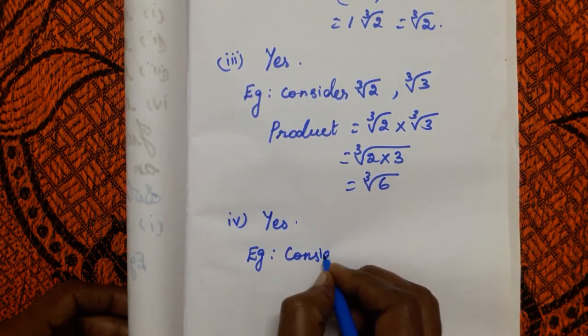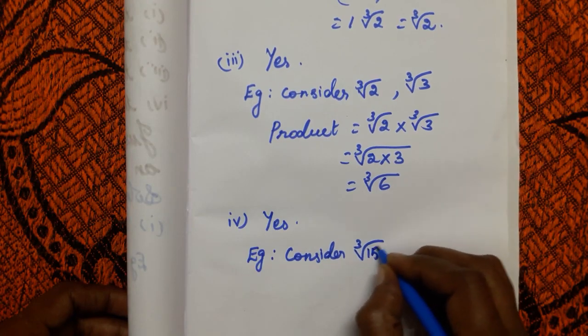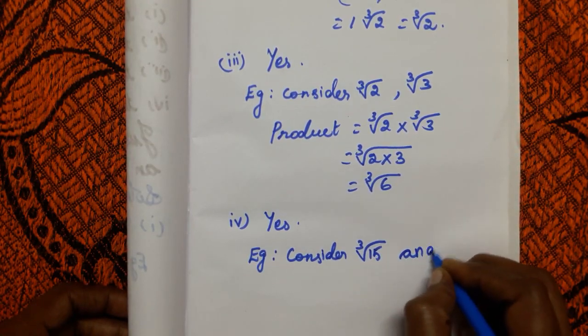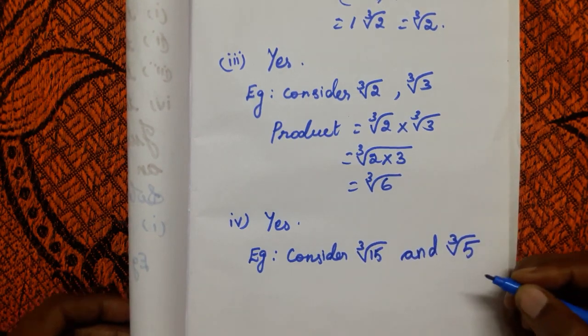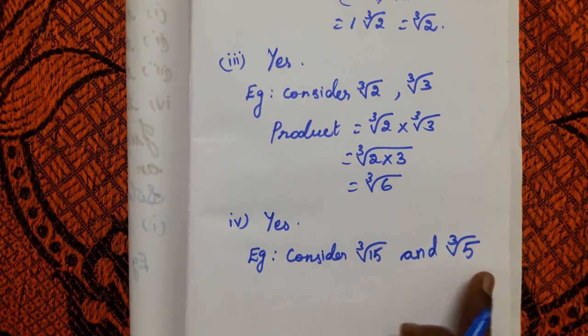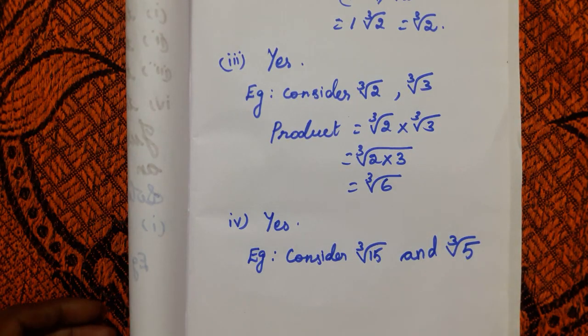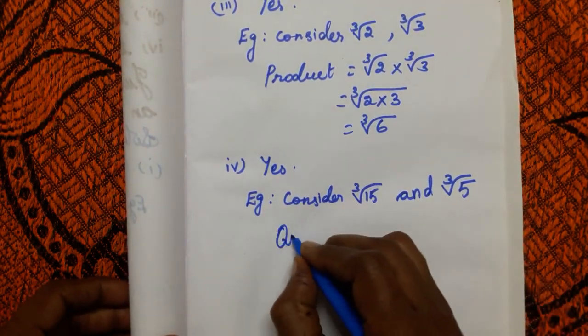Consider cube root of 15 and cube root of 5. I am selecting these two numbers. We have to find the quotient.